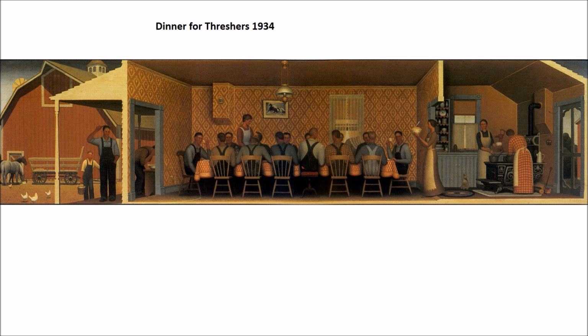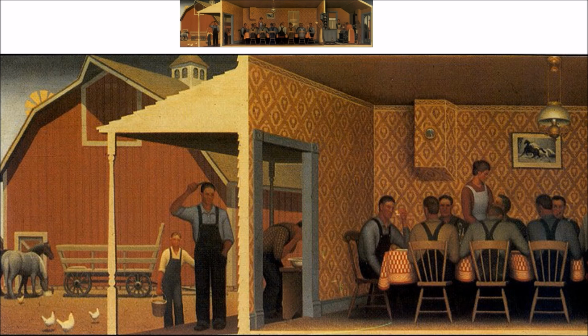Dinner for Threshers from 1934 is one of my particular favorites, because it shows this dichotomy within the painting of farm life and how this aspect of work is actually divided.